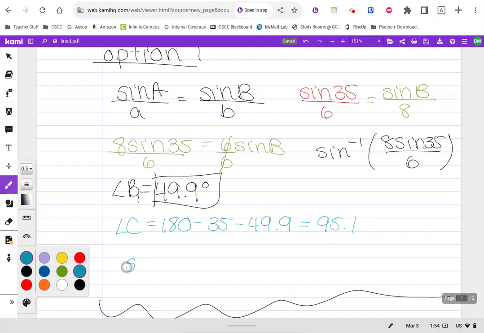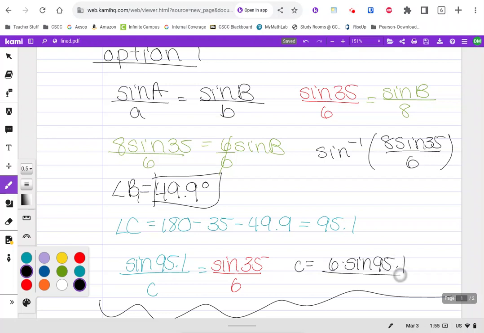Then I've got sine of 95.1 over side C equals, and I'm going to keep using that stuff for A because I'm lazy. So C equals 6 times sine of 95.1 over sine of 35. So C ends up equaling 10.42. So there's 1, here's 2, there's our third part.